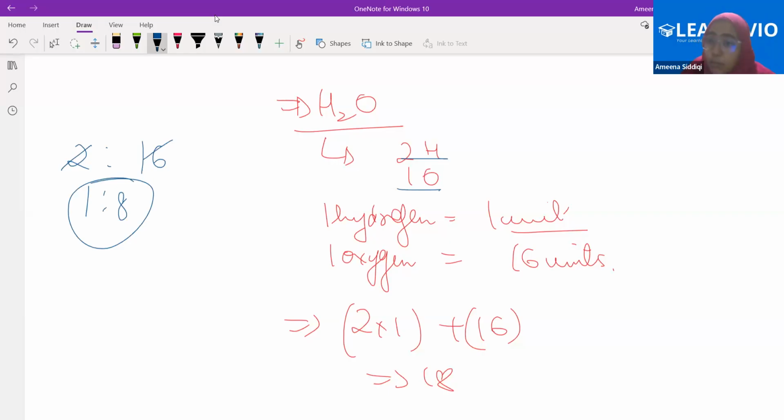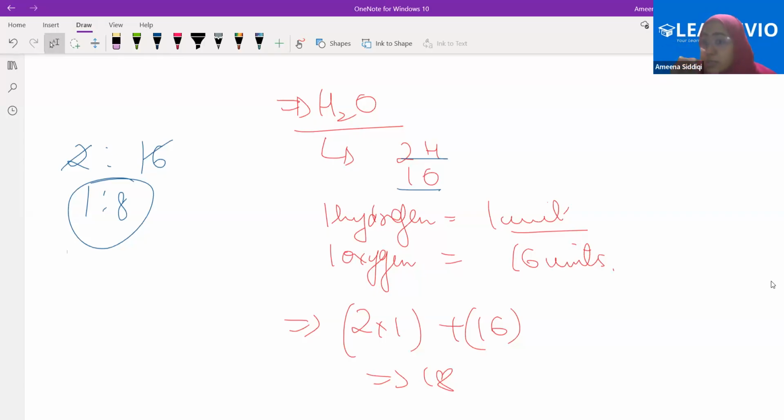That means in one water molecule, there will always be one part of hydrogen and eight parts of oxygen in the mass of the water molecule. I hope that is clear. So in case of a substance, specifically a compound, there's a fixed composition by mass.